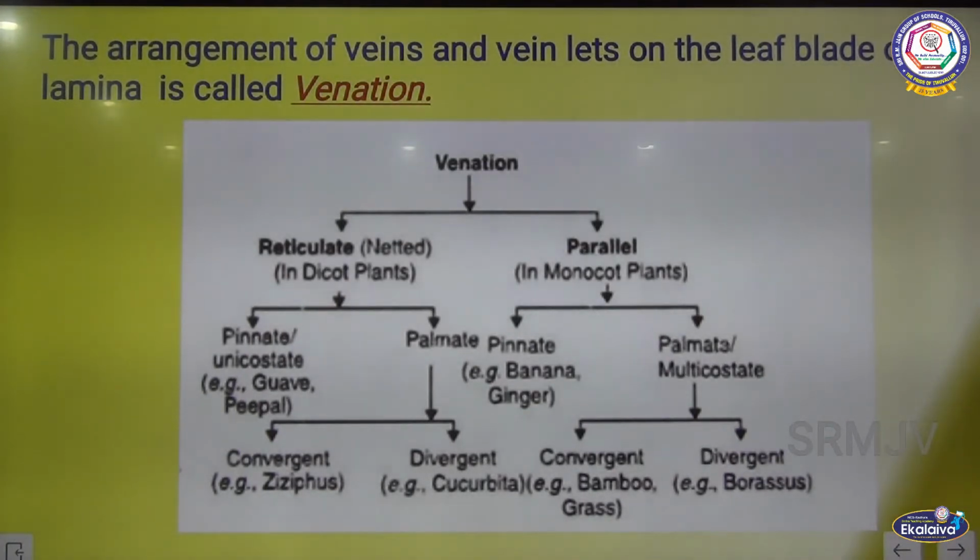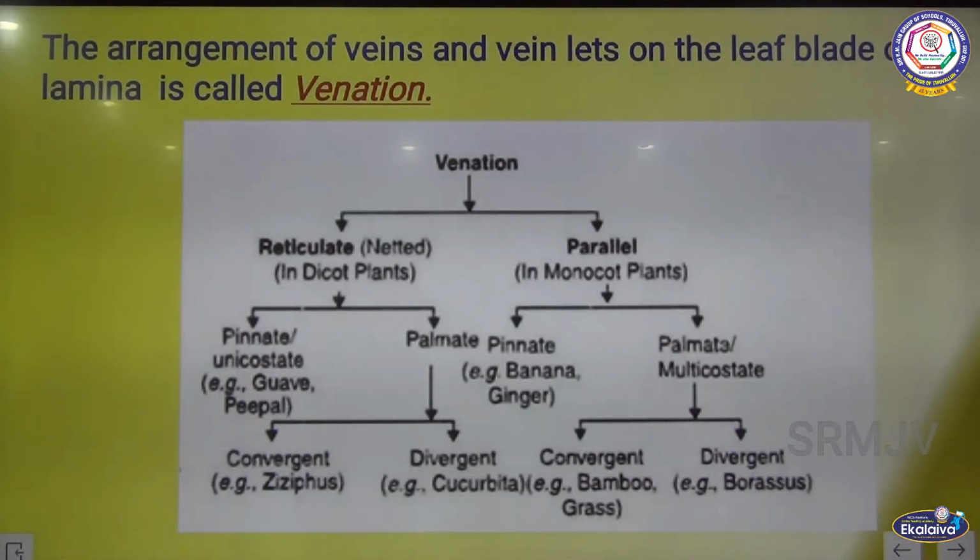When we said in the initial part that morphology is the study of external form and features, we can say from this that they belong to dicot or monocot, so morphology helps in taxonomic study.